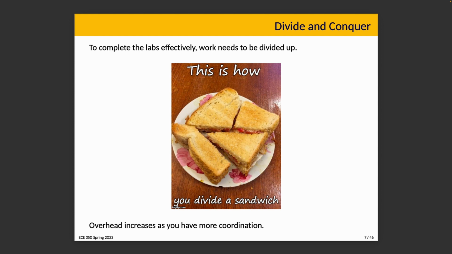You do have to recognize, however, that overhead increases as you have more and more coordination amongst your different group members. Anytime you are dividing up a task, you are necessarily introducing the overhead of deciding who does what and recombining it, plus whatever communication is necessary to complete the task while it's going on.